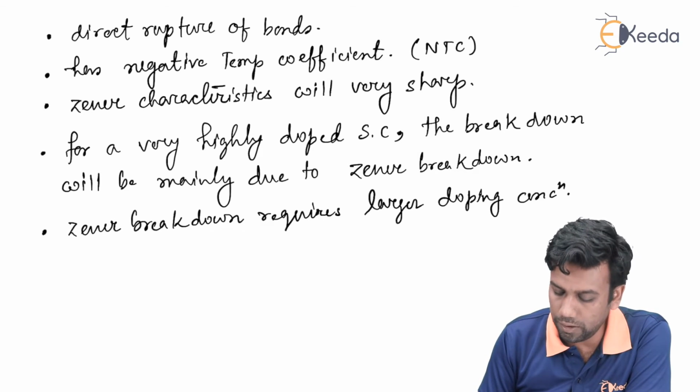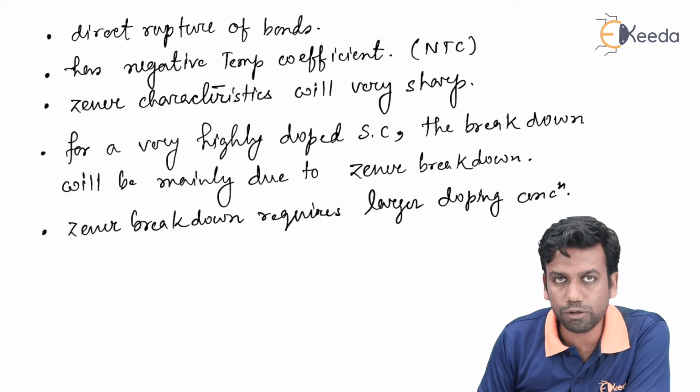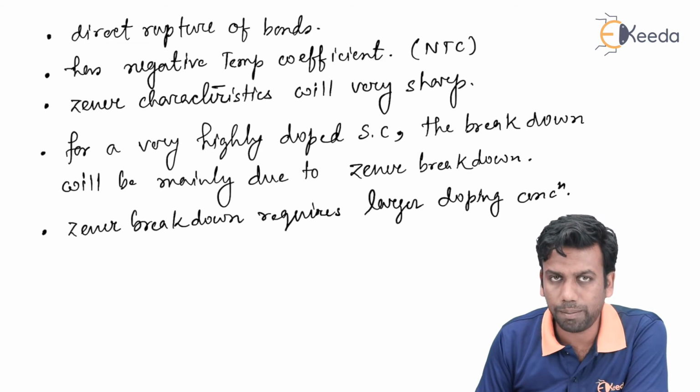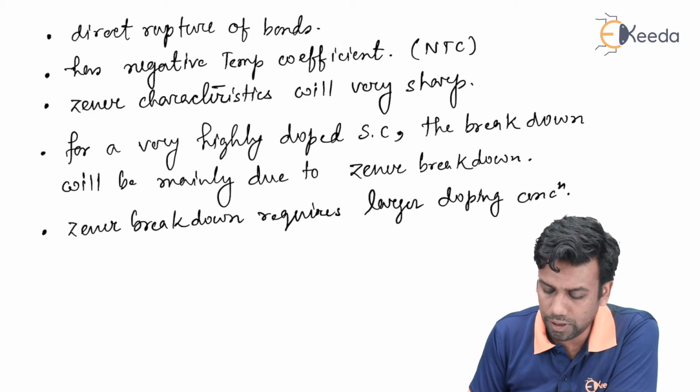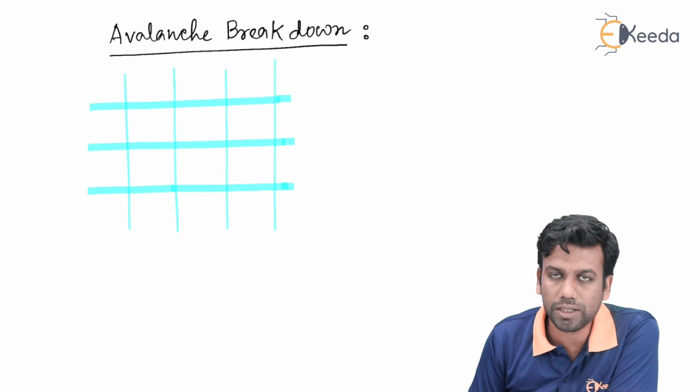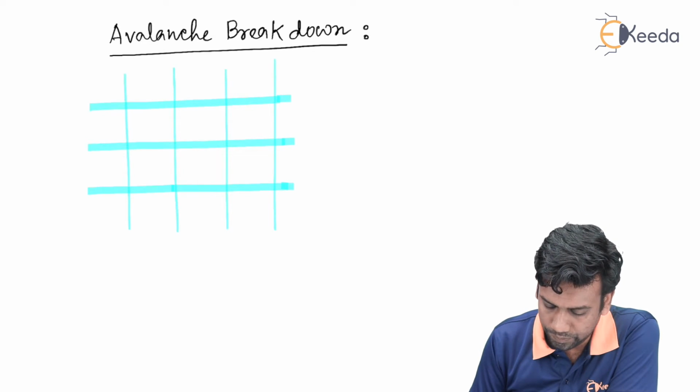This is one of the breakdown mechanisms that occurs in the Zener diode. The other mechanism that occurs in the breakdown region of a Zener diode is the avalanche breakdown, and let us see what this avalanche breakdown is.